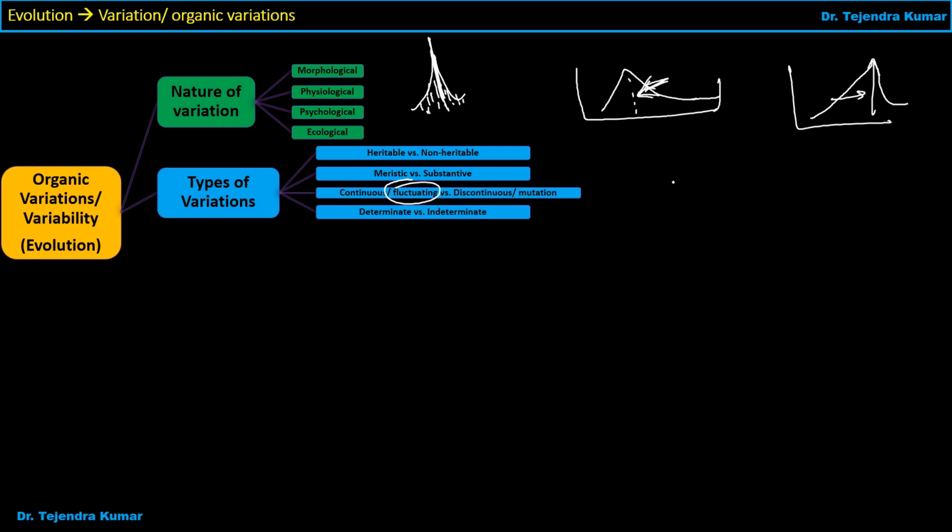So Biston betularia was naturally selected and its number increased. This case was confined and directional. Suddenly the number of the dark moths increased, so we can say its graph suddenly increased or suddenly shifted.